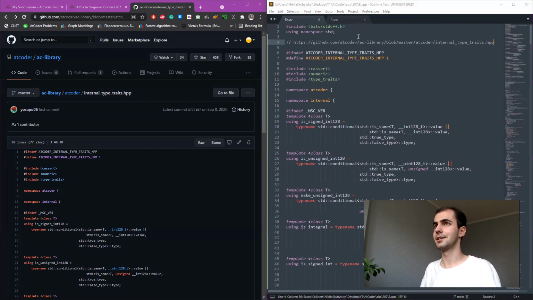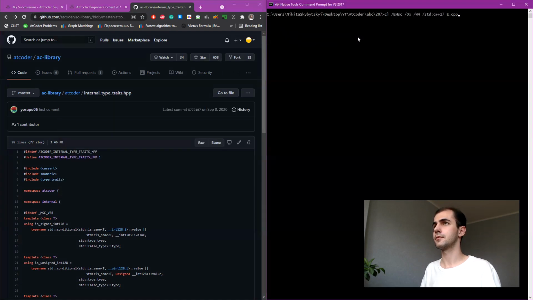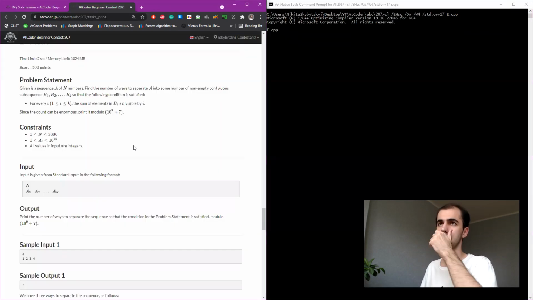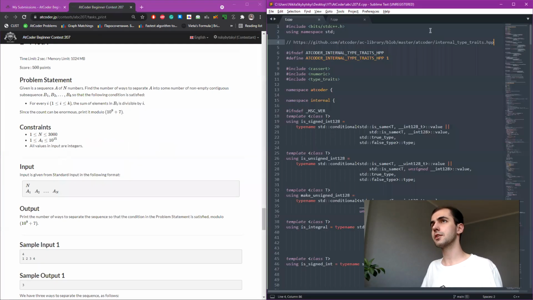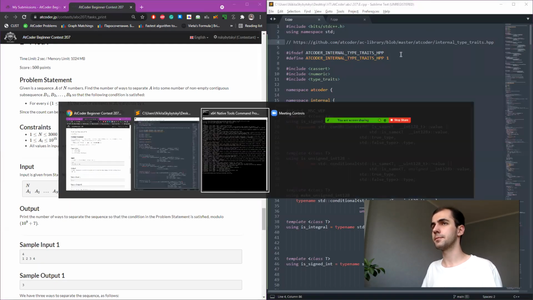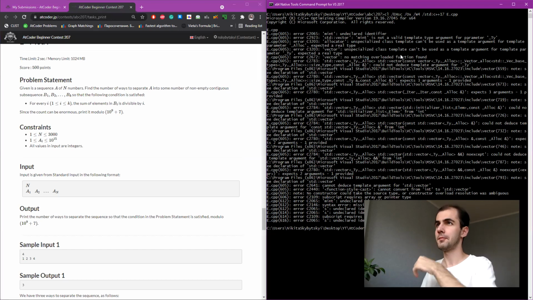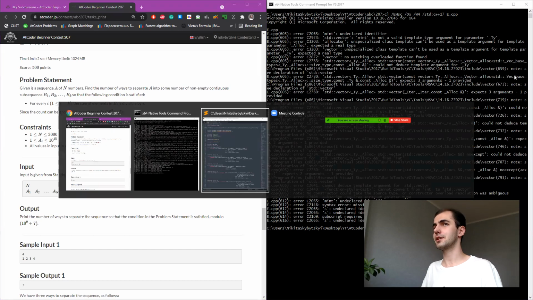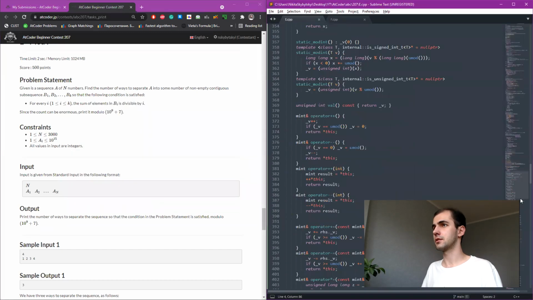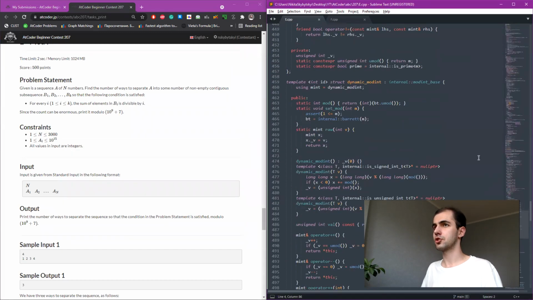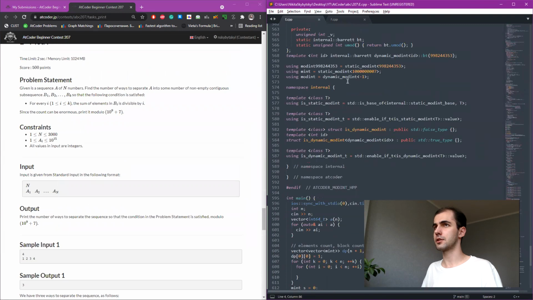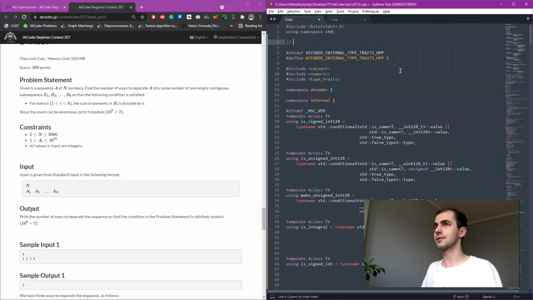Huh? Or did I copy the correct link? Yes, but something is still wrong. Mint is undeclared identifier? What do you mean? Surely I have using here. Oh, it's inside.